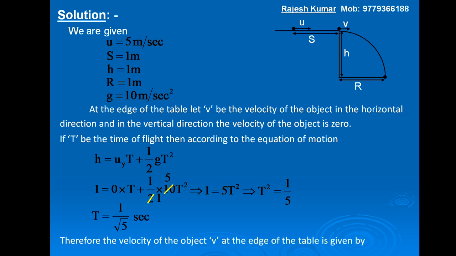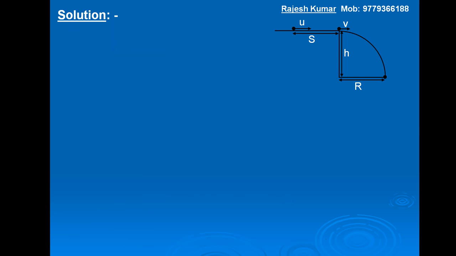Therefore, the velocity v of the object at the edge of the table is given by, as there is no acceleration in the horizontal direction, v is equal to R upon T. Putting the values, we get v is equal to 1 upon 1 by square root 5, or v is equal to square root 5 meter per second.